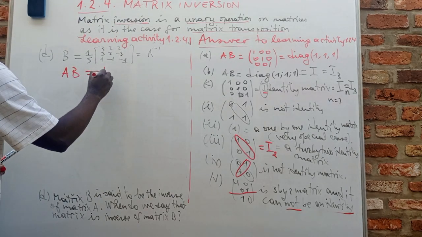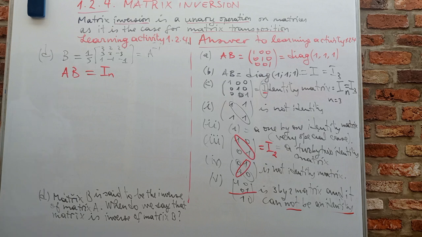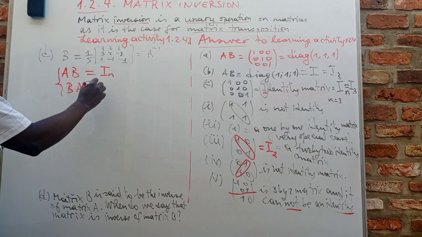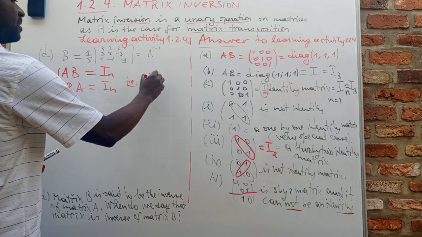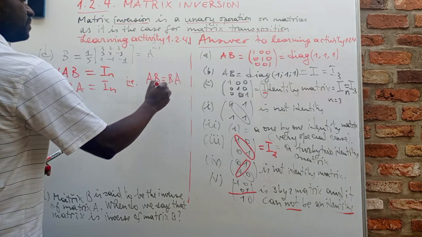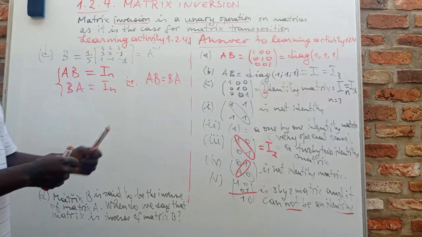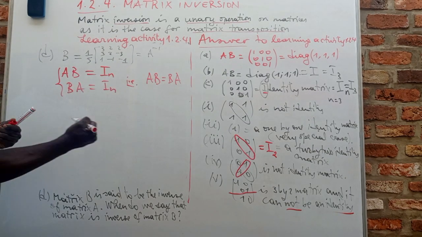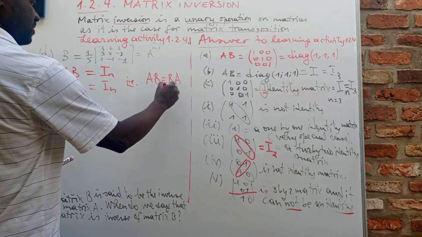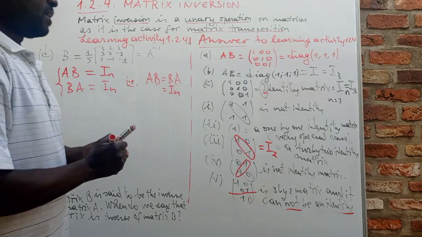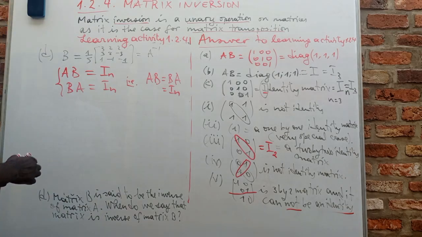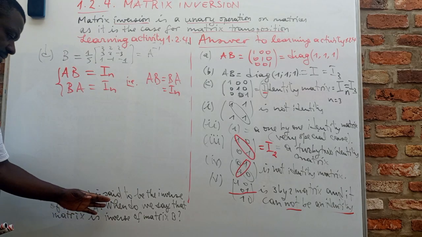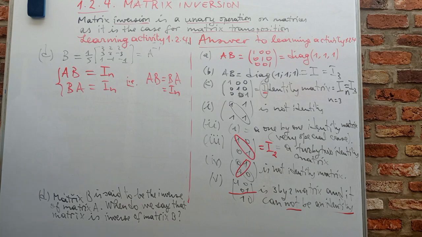In that case, A times B must give the identity matrix, and also B times A is an identity matrix, meaning that A and B commute, and they give this special scalar matrix, a diagonal matrix where all non-zero elements are just 1. So this is how we can answer sub-question D.